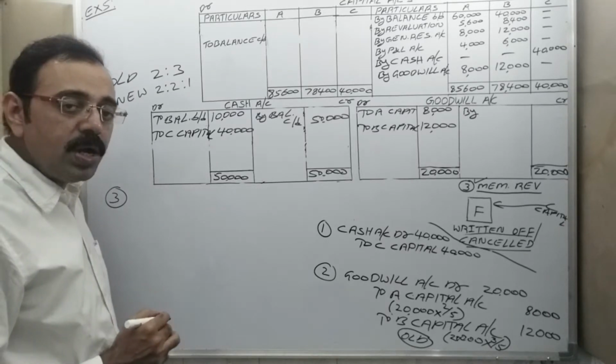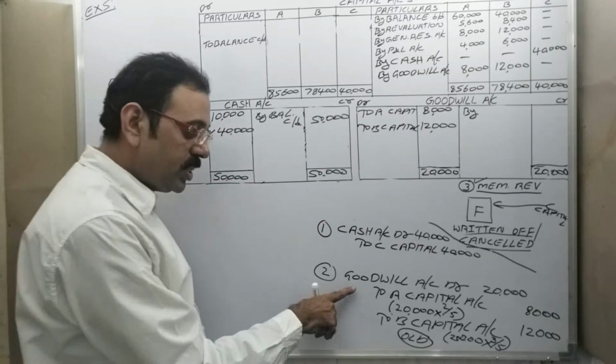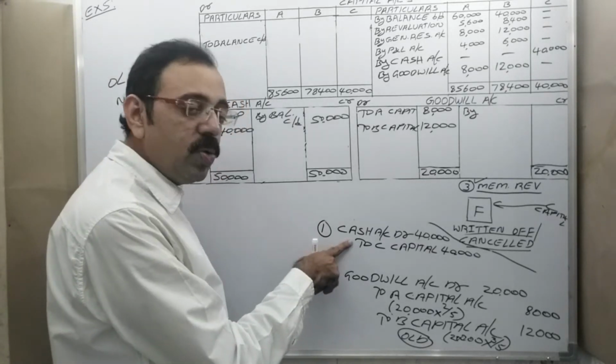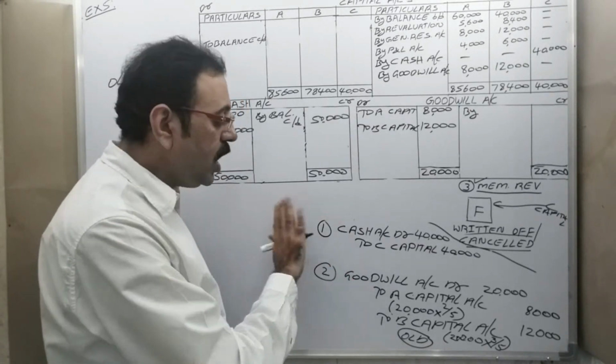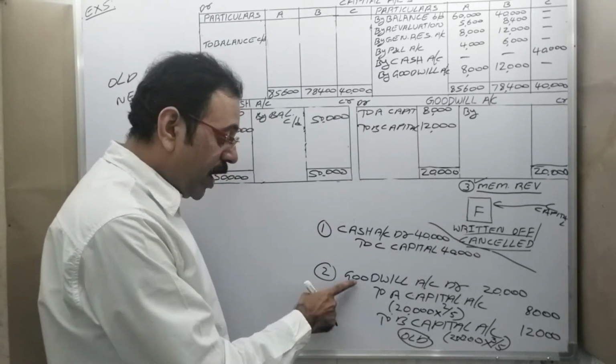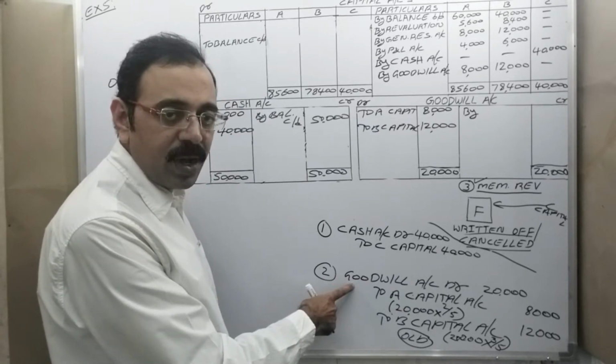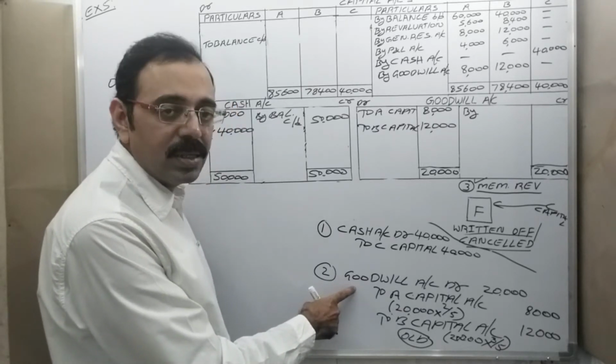What is the third entry for? To cancel the goodwill. Observe the previous entries: in the first entry goodwill is not there, meaning goodwill is not yet created. In the second entry, by debiting the goodwill account, we created the goodwill. Now we want to cancel this.